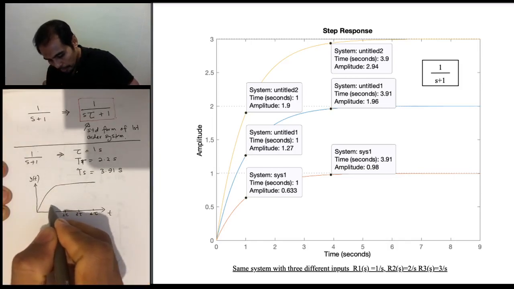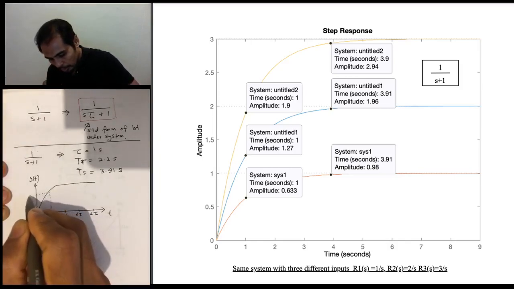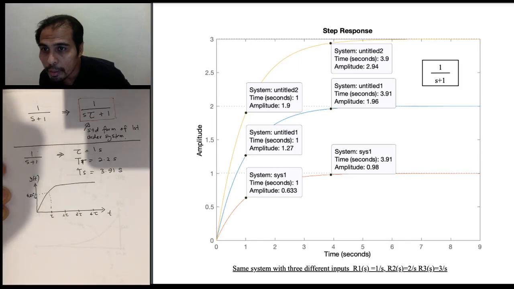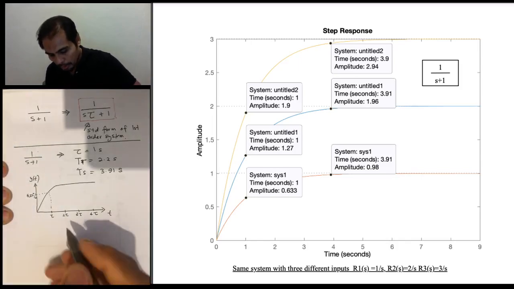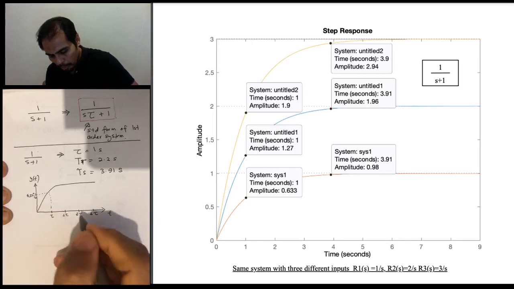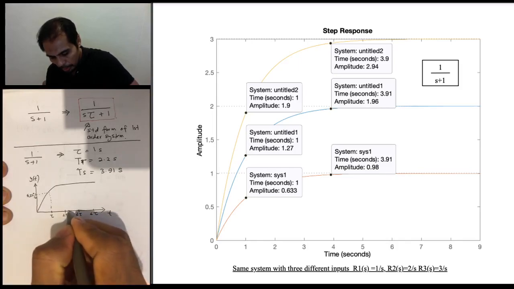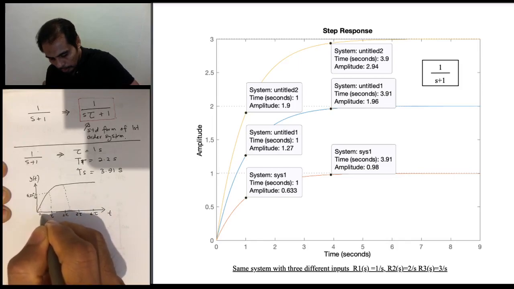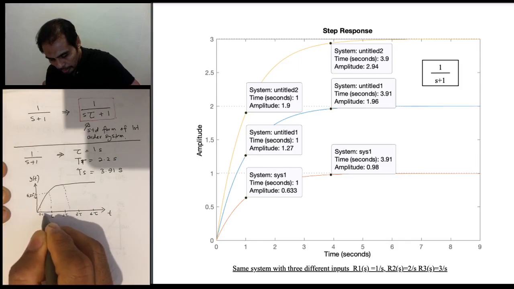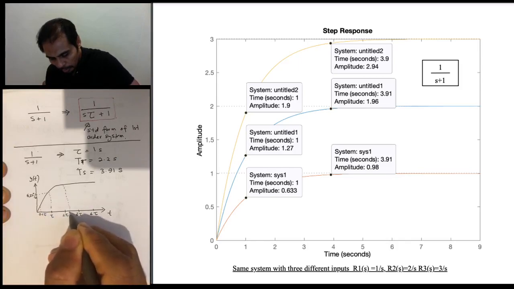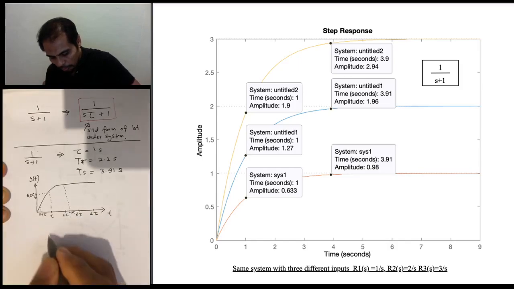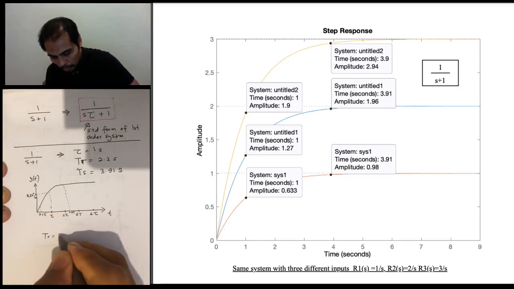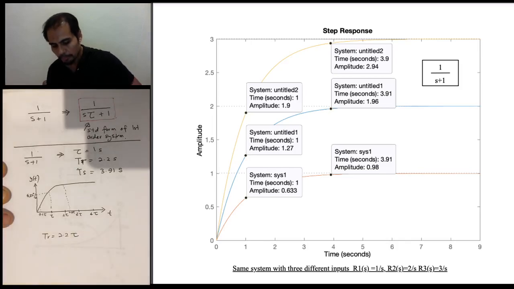We know that at t equal to 1 tau the response is at 63.2%. The rise time runs from 0.1 here to about 2.3 here, which is 2.3 tau minus 0.1 tau. So we can find that the rise time t_r equals 2.2 tau.